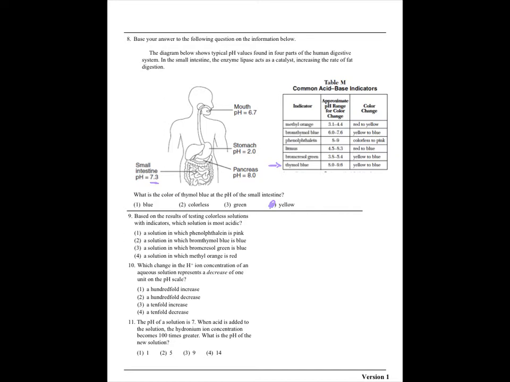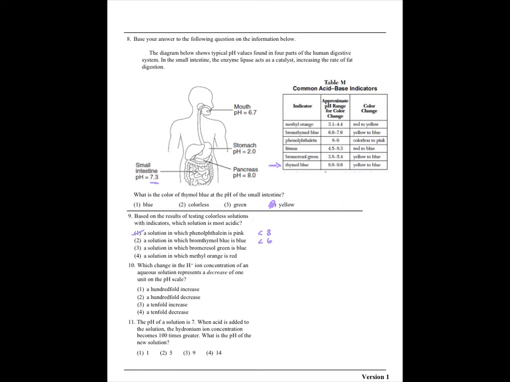Based on the results of testing colorless solutions with indicators, which solution is most acidic? So let's go through each choice one by one. A solution in which phenolphthalein is pink, so it's got to be less than 8. Number 2. A solution in which Thymol Blue is blue, so that's below 6. So that already rules out 1. Number 3.